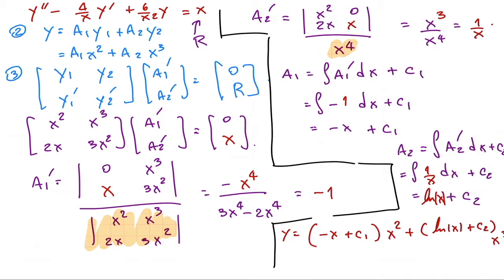Okay, and that can be written as c1 x squared minus x cubed plus x cubed log x plus c2 x cubed.